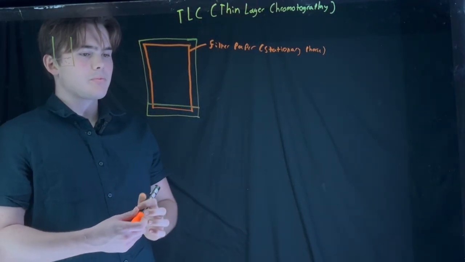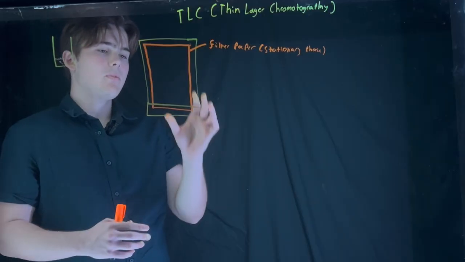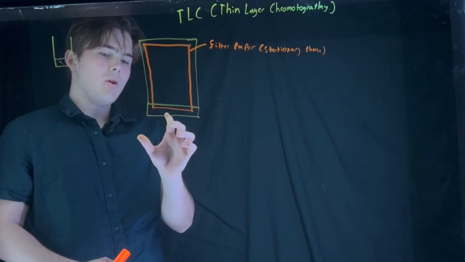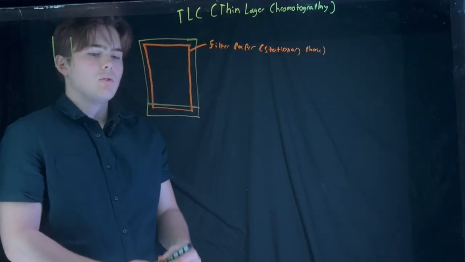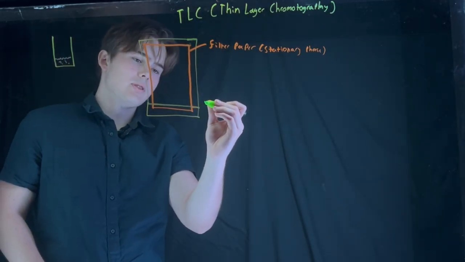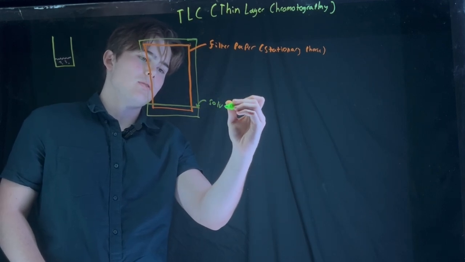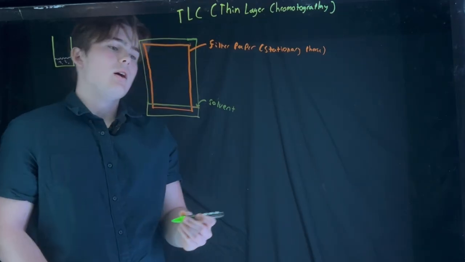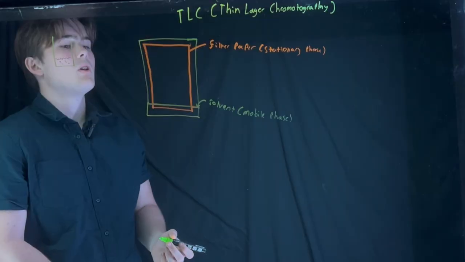We put it in this sealed container with a little bit of solvent as well. This line here represents the solvent, and that solvent is going to be associated with our mobile phase.